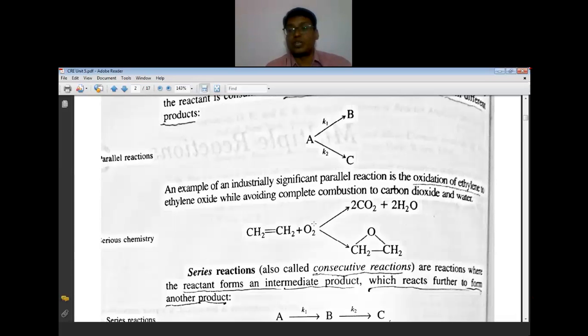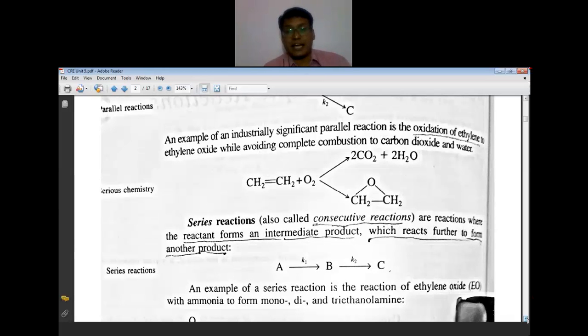All this is going to decide which product you will get. How I want to control, how I can manipulate the desired product. In this case, I want the ethylene oxide. I don't want this CO2. This reaction should be prevented. And for that purpose only we are going to study chemical reactor designing. The only purpose of chemical reaction engineering is to optimize the maximum production of the desired product.